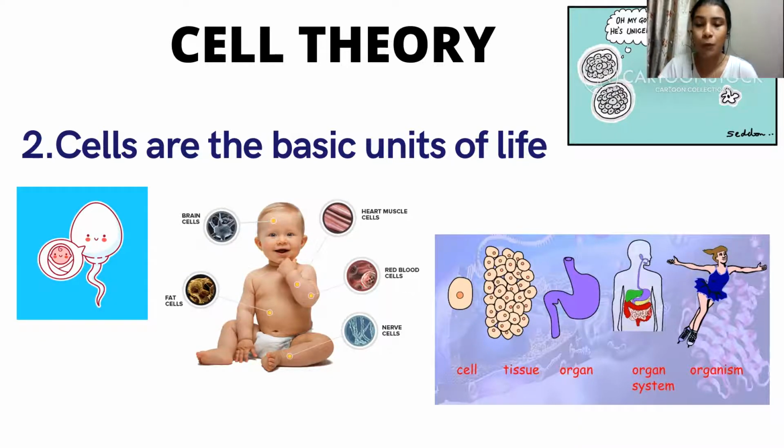Then the tissues became organs, organ systems, and gave rise to an organism. So basically, for a big animal to be formed, cells need to assemble because a cell has life. A baby arises from a zygote, one cell. So a big animal arises from a small cell having life. Cells are the basic unit of life.